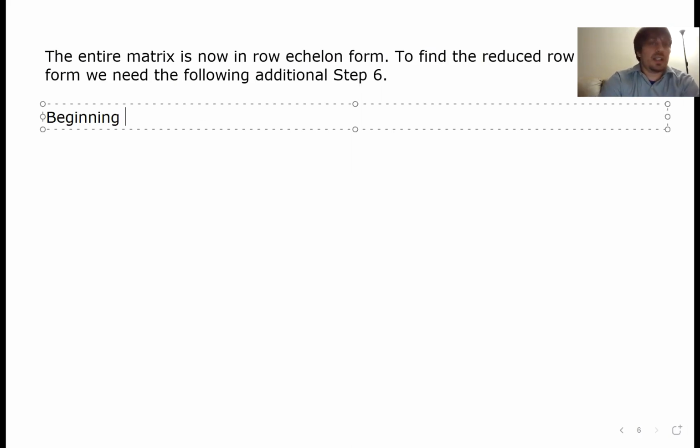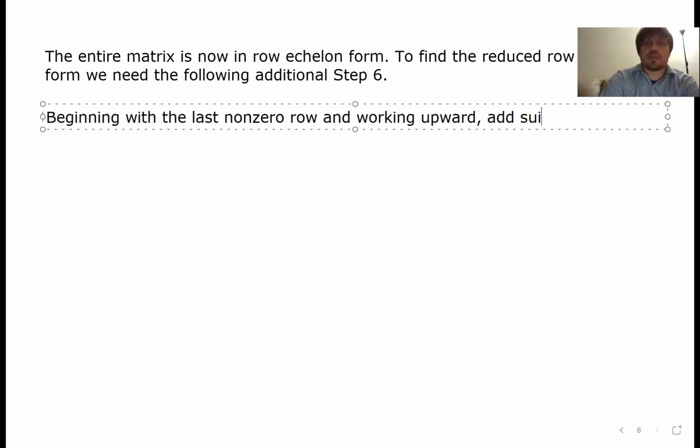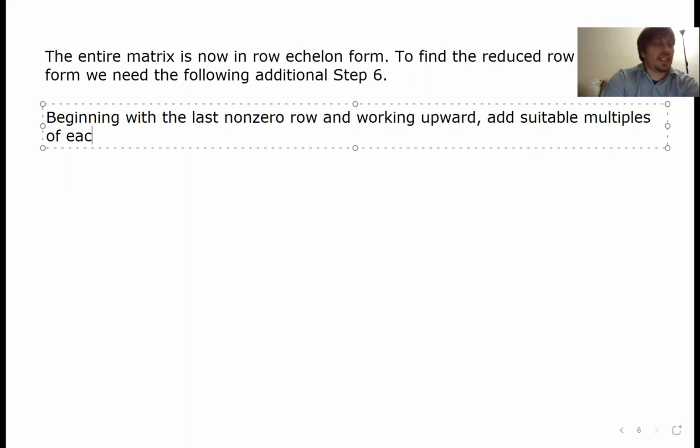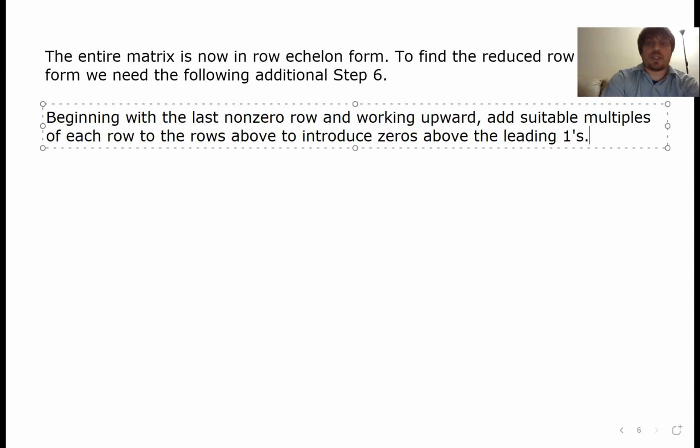Beginning with the last non-zero row and working upward, add suitable multiples of each row to the rows above to introduce zeros above the leading ones. Okay, this is step 6.